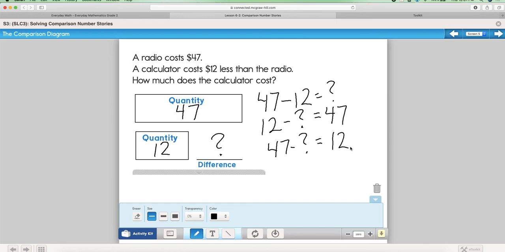Those are the ways that we could solve that problem. Pick one way to solve it. And don't forget, you can always use that open number line, if that helps. So decide how you want to solve that so that we can figure out how much does the calculator cost.